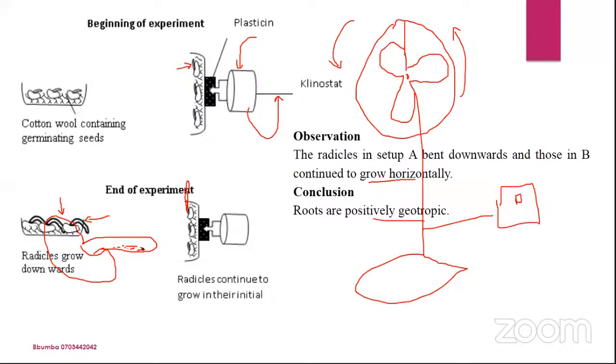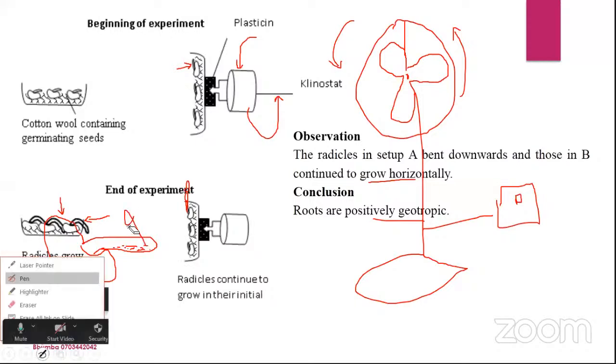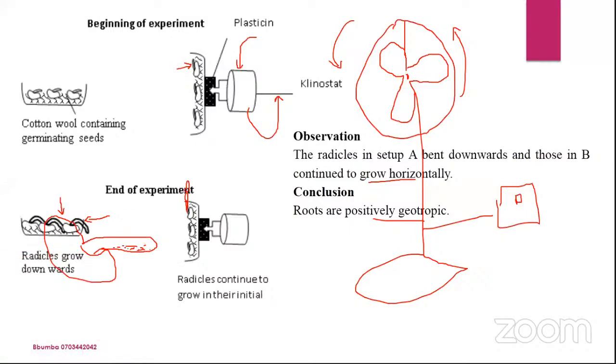Now, when the auxins are pulled down in the roots, this one you must understand well. For the case of the roots, auxins inhibit these cells. They reduce or minimize the growth of these cells here.